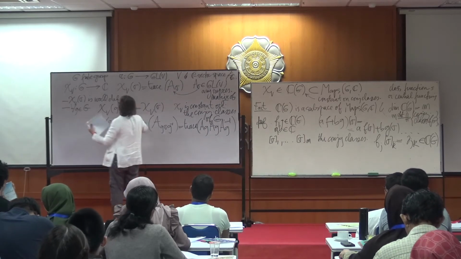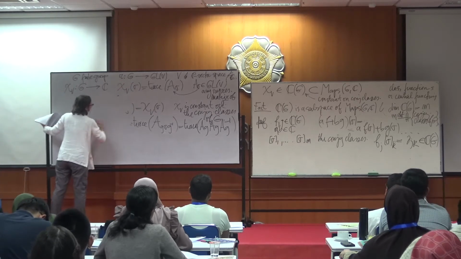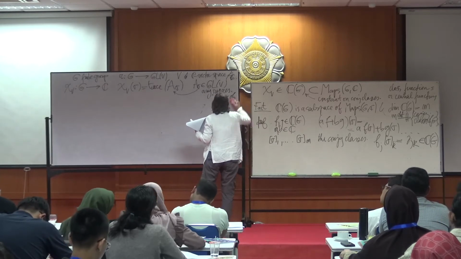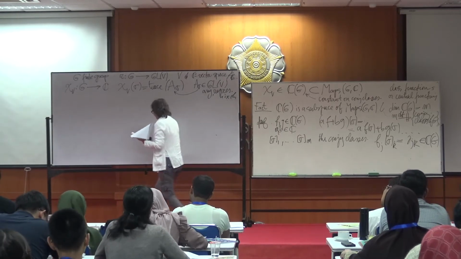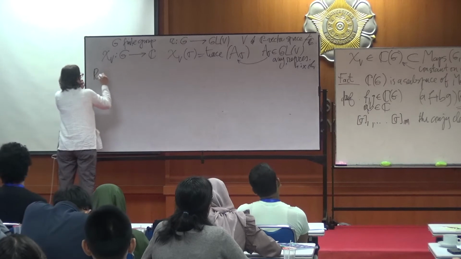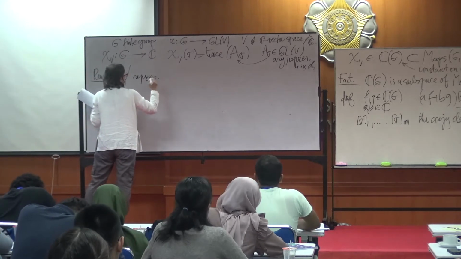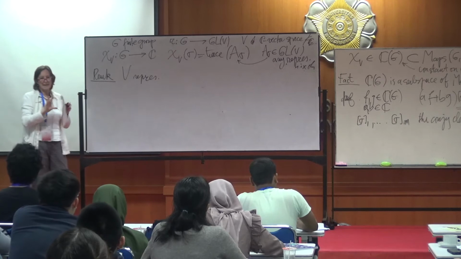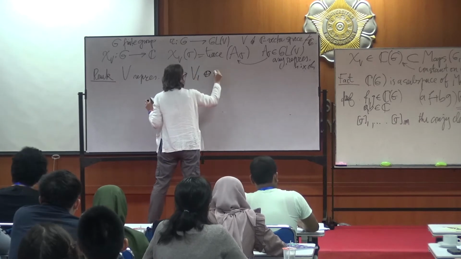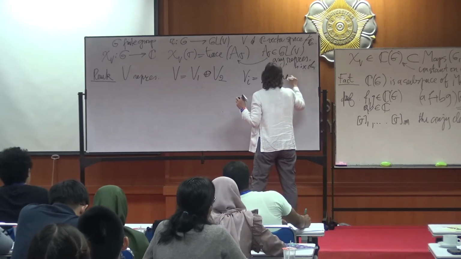Another simple observation which we can do about characters is that if we have that V is a representation, and suppose that V decomposes in the direct sum of two representations, so V is equal to V1 direct sum V2, both G representations.